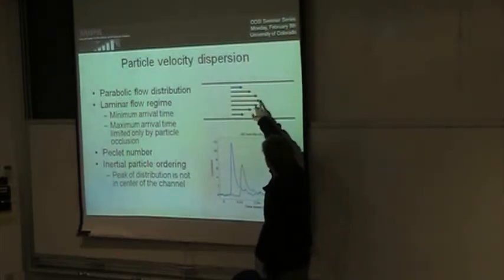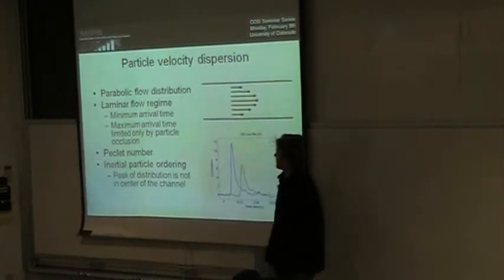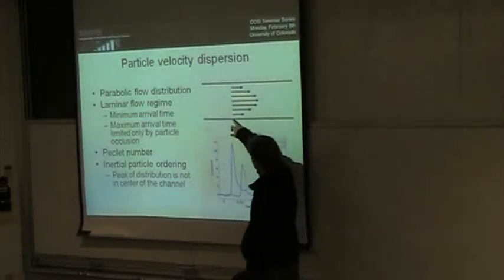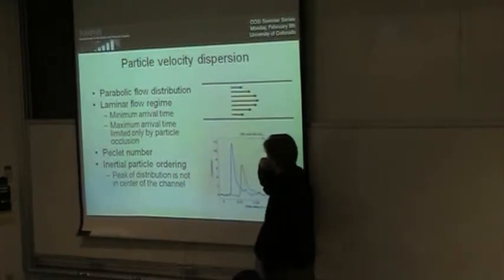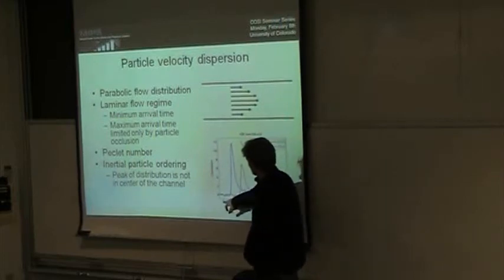The liquid has the highest velocity right in the center, and then it goes to 0 at the channel wall. That's what people call the no-slip condition. Beads can't get infinitely close to the channel wall, so their minimum velocity is not 0. But we can see how this works, so here are 2 correlation peaks.